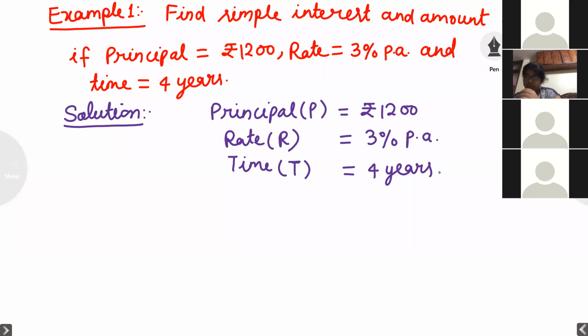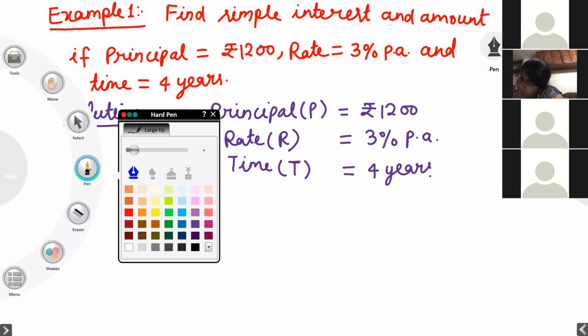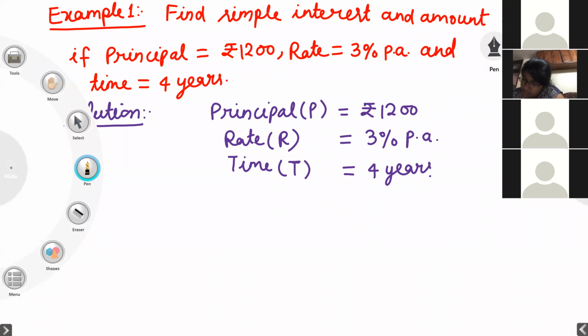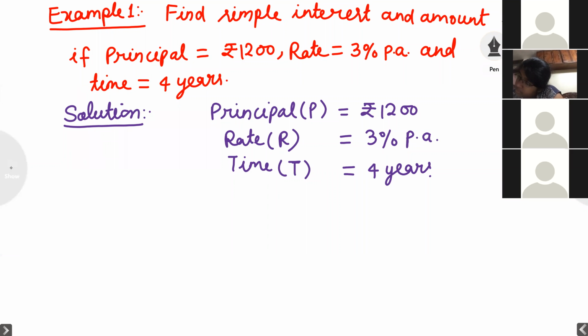Now we know the formula. Simple interest SI is equal to principal into rate into time whole divided by 100. I want to substitute the values.